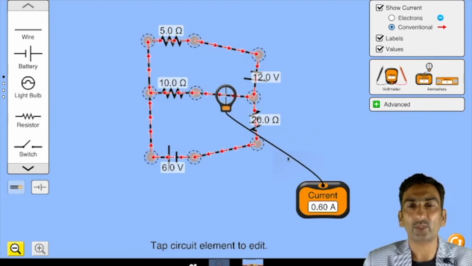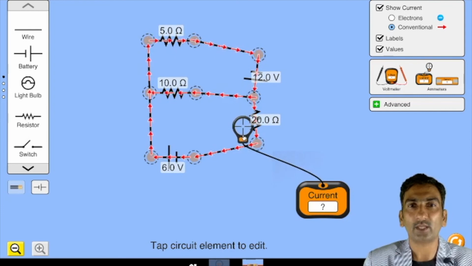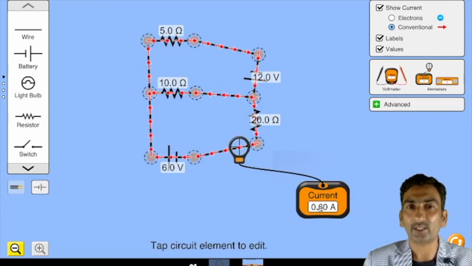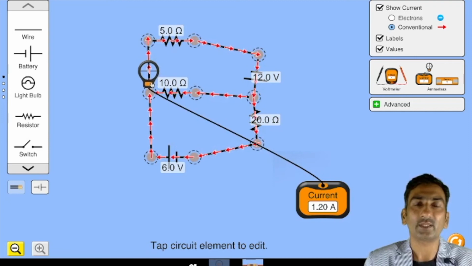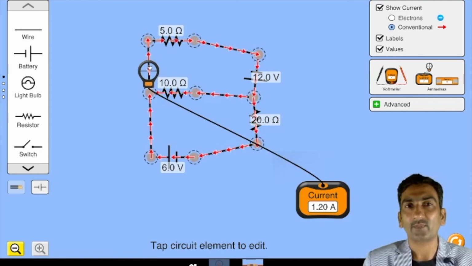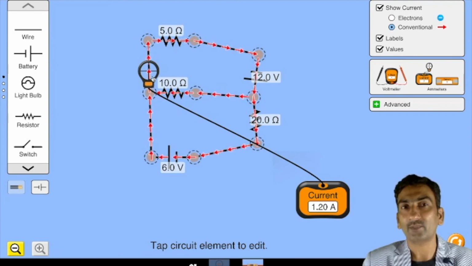The ammeter shows the current is 0.6 for I2, and for I3 we can check here, it is also 0.6. If I2 and I3 are 0.6 and 0.6, that would be 1.2, because I1 is the sum of I2 and I3. That means our calculation is correct.